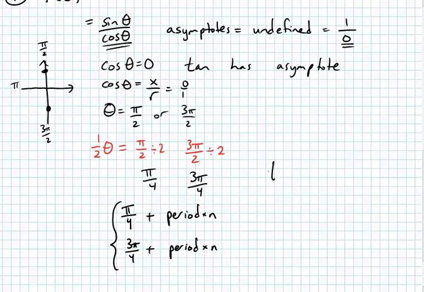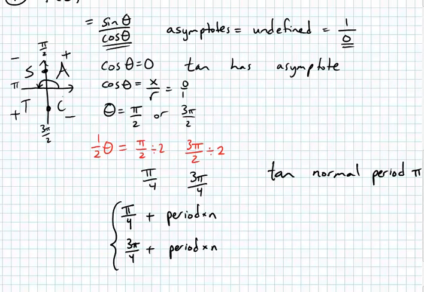Well, tangent has a normal period of pi. It repeats itself twice as often as sine and cosine do. Tangent goes positive, negative, positive, negative.